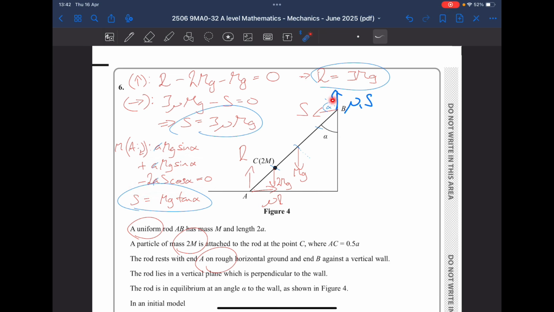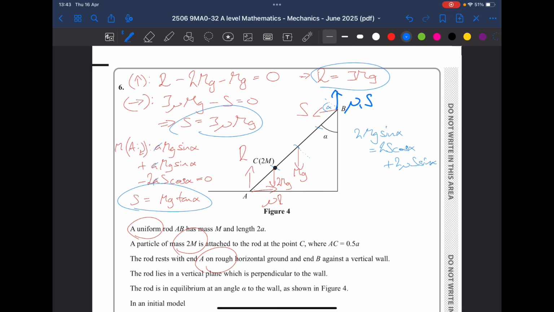This is not alpha, so we'd have cos of mu1 S. So let's write this down over here. We'd have those two mg sine alpha for the clockwise stuff, and then the anti-clockwise stuff would be the 2S cos alpha we had before, plus that new one of our 2 mu S sine alpha.